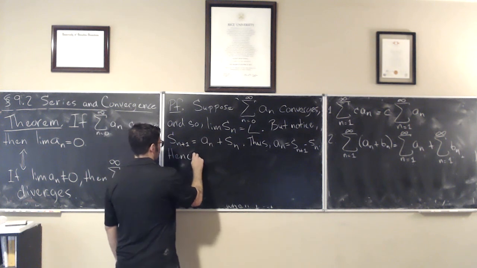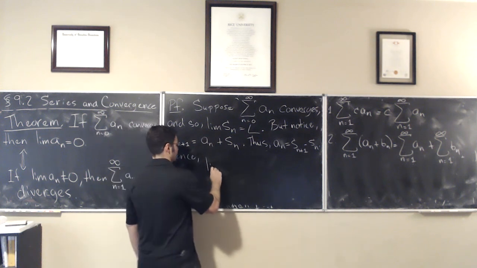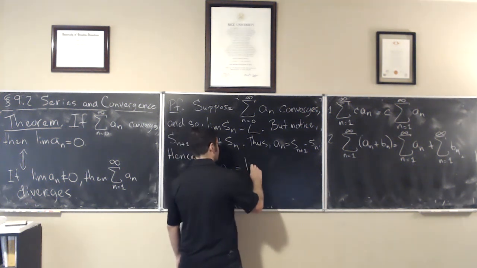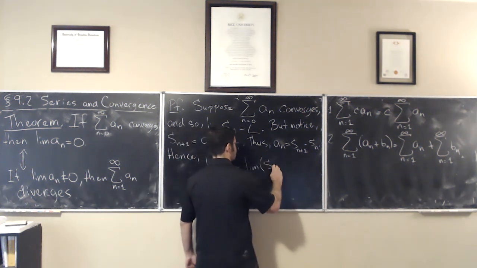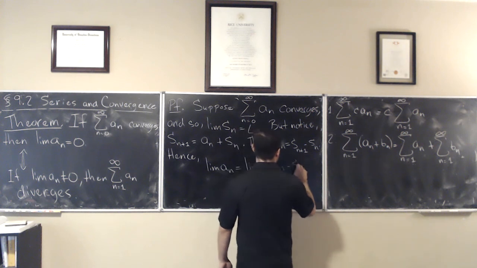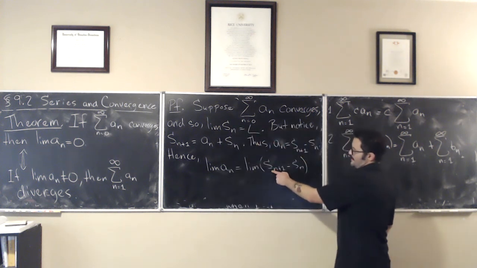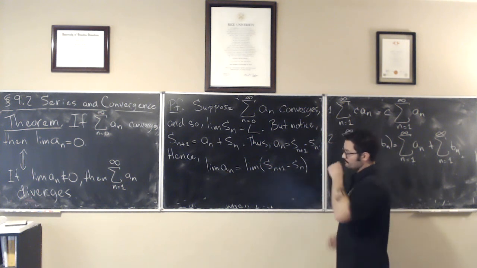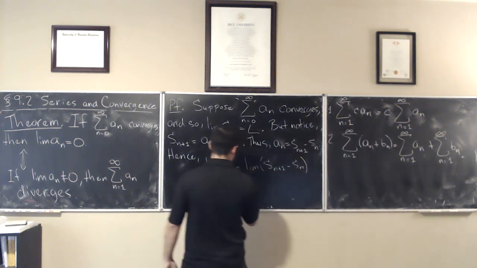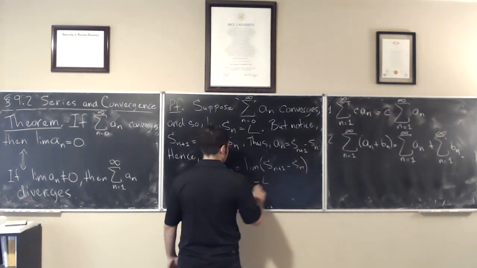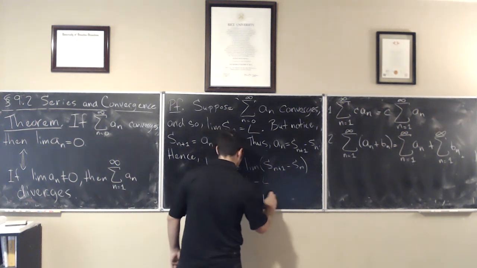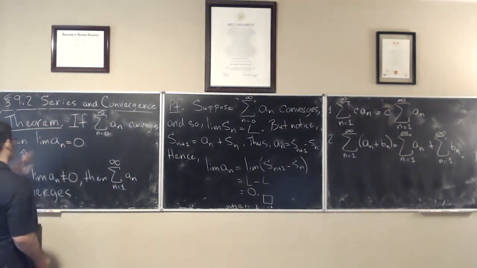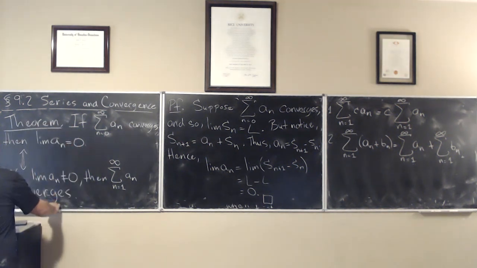Hence, the limit of a sub n is equal to the limit of S sub n plus 1 minus S sub n. But that is the same sequence as S sub n. These are the same sequences. They both have the same limit. So this would be L minus L, which is equal to 0. So that sequence better converges to 0, which proves this theorem.